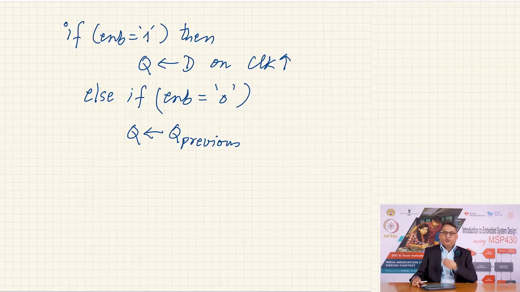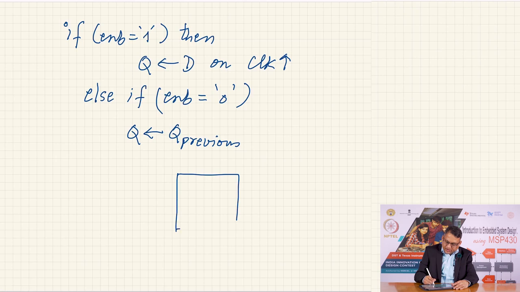Now, how does a normal D type flip flop get modified to implement such a requirement? Well, this can be implemented as a finite state machine by itself, and you could draw the state diagram for this finite state machine and implement it, and the implementation will look something like this.